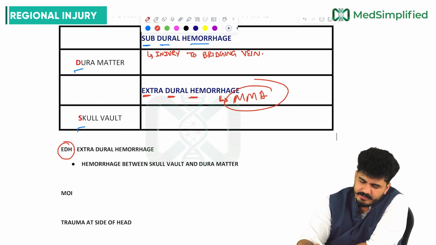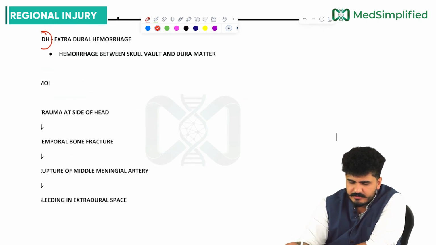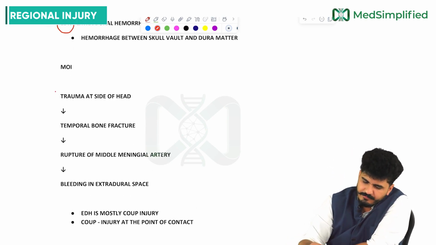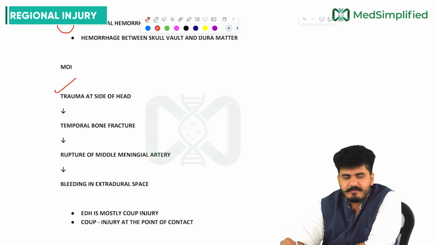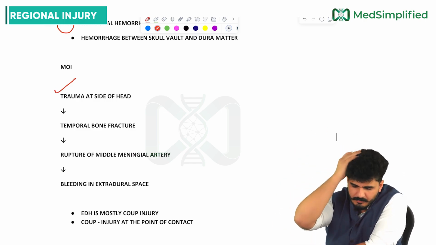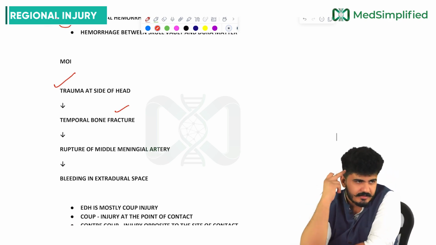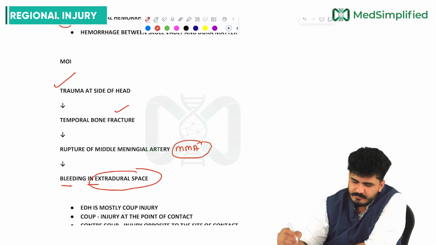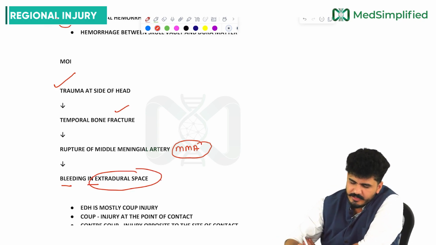Now the mechanism of action for extradural hemorrhage: first, there is trauma at the side of the head. Then the temporal bone gets fractured. Then there is rupture of the MMA, the middle meningeal artery. Then there will be bleeding in the extradural space, and the bleeding will form a hematoma.